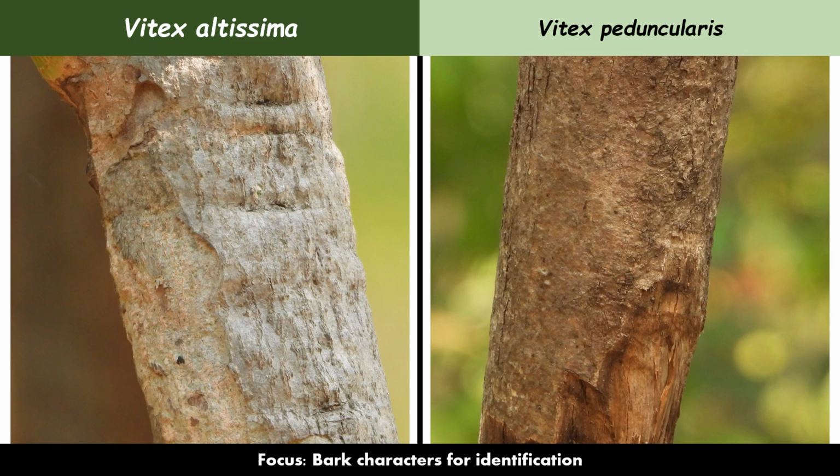This is the sign of misidentification. The actual Vitex altissima has a whitish bark. We also sometimes collect it and make tea, because the tea made from the bark of Vitex altissima has medicinal usage. Sometimes we take the tea. So bark character is used for identification of Vitex altissima and Vitex peduncularis. Thank you very much for this session.